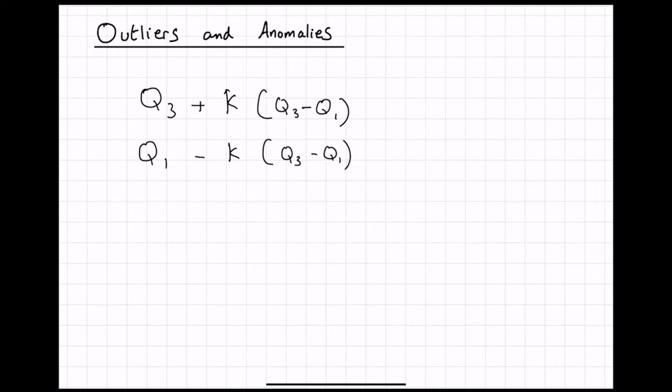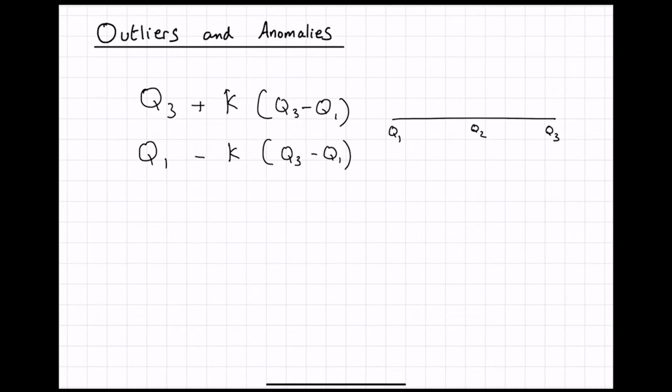Just to explain what this looks like on a graph, let's have an even easier example. Let's say I've got a line like that. This is Q1, this is Q3, this is Q2.